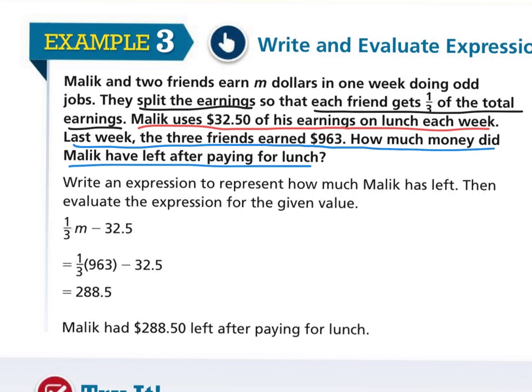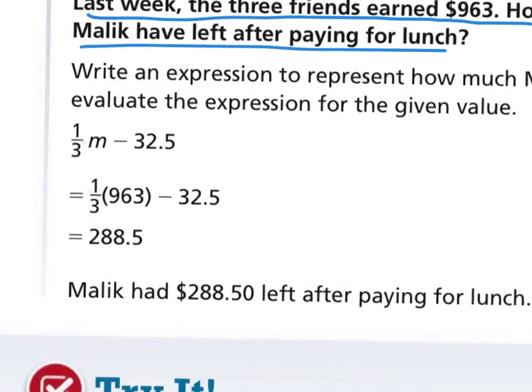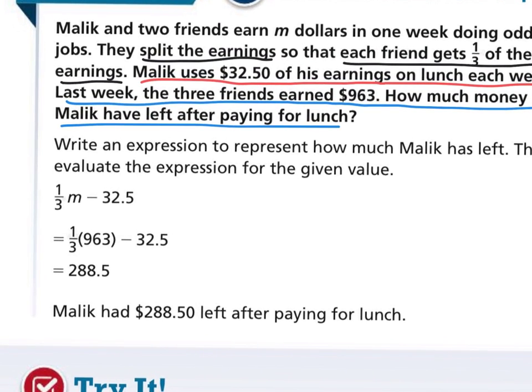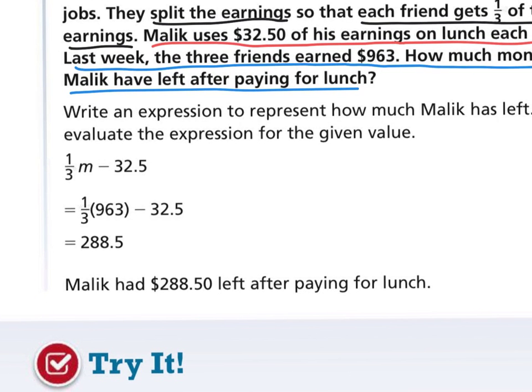So if you look at this, we can write an expression, and ultimately he's starting out with one-third of the total earnings, so one-third of M. Another way you could write that would be M divided by 3, and then he's using $32.50 of that, so we're subtracting $32.50 from the earnings that he got.